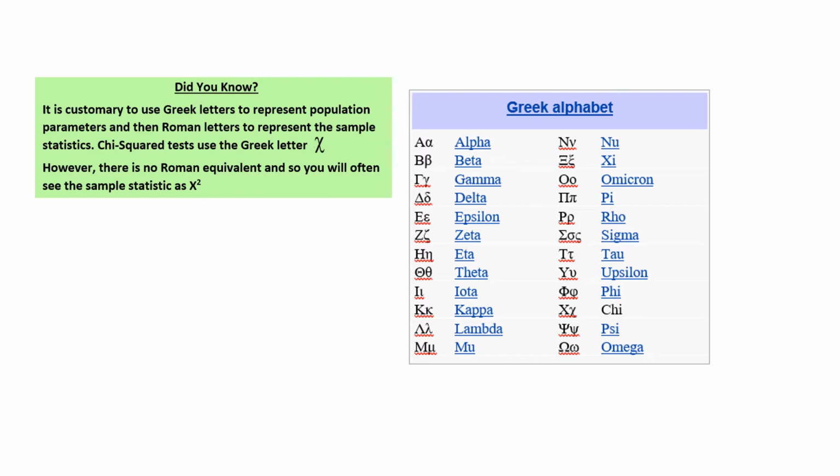But with chi-squared, there isn't really a Roman equivalent to chi, so chi is the letter itself. For the sample, it sort of looks like an X. So when we look at the sample statistic, it's like an X squared, and then you can see the slight variation here with the curl. Just in case you can't see where my cursor is, just here. It's got a slight curl to it, but we'll know what you're talking about if you do that.